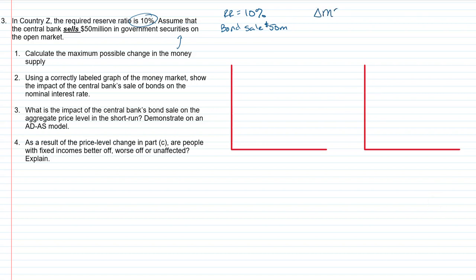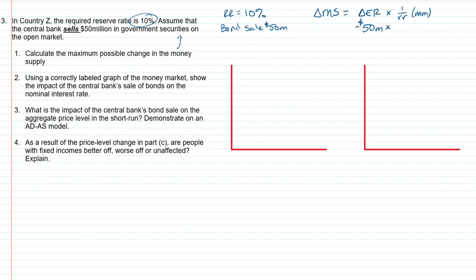So first reminder, the change in the money supply is the change in excess reserves times 1 over the reserve ratio, or the money multiplier. So the bond sale will result in a negative $50 million change in reserves at banks. Banks have to give away their reserve cash in order to buy the bonds that the Fed is selling.